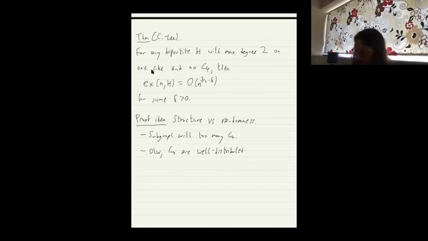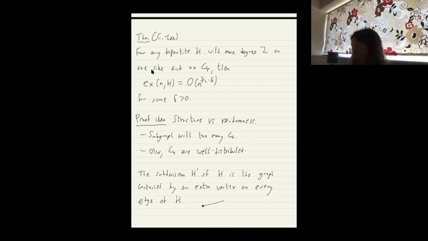The subdivision H' of H is the graph obtained by adding an extra vertex on every edge of H. For example, if H was just a triangle, then by subdividing it, I mean that I put a vertex on each edge.